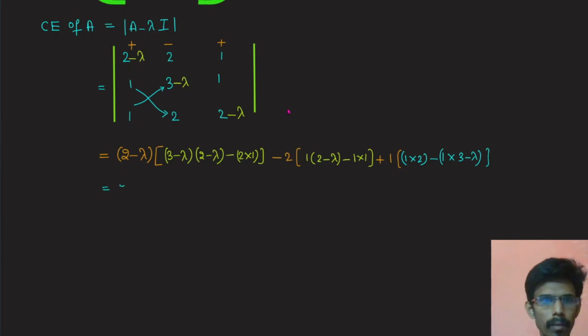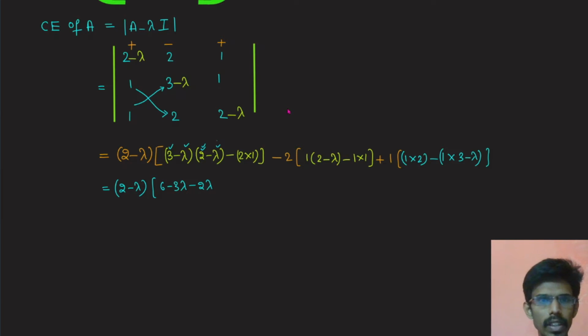Now this will become 2 minus lambda into, now multiply 3 with 2, we will get 6. Now 3 with lambda, so we have minus 3 lambda. Now lambda with 2, we have minus 2 lambda.